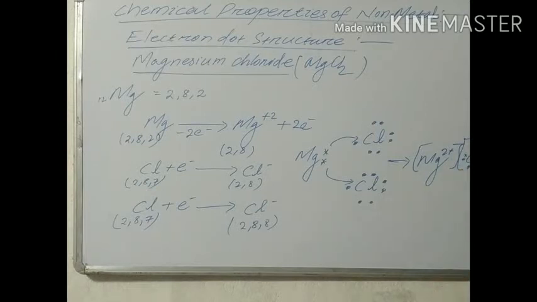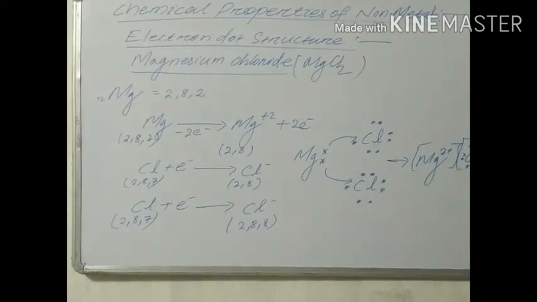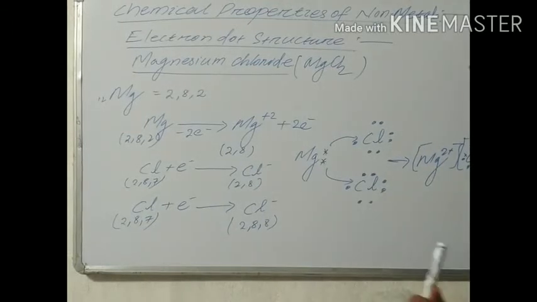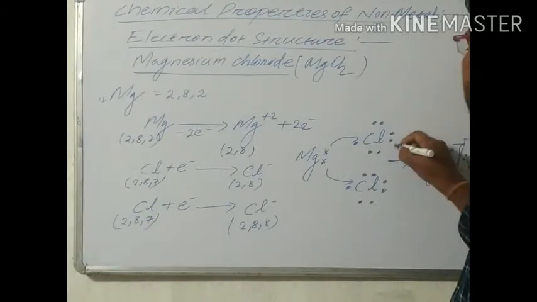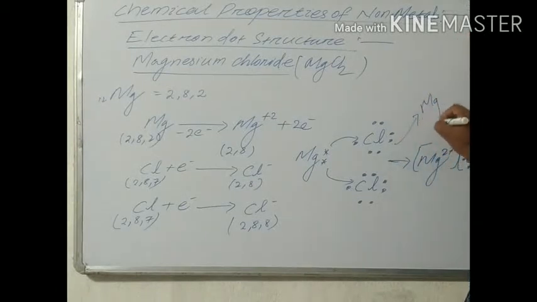This is the electron dot structure of magnesium chloride, MgCl2.